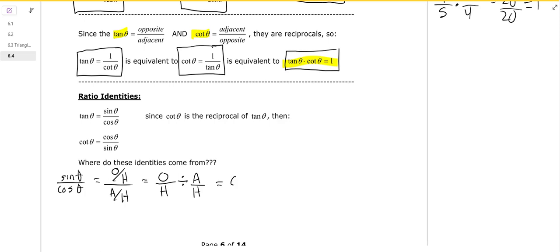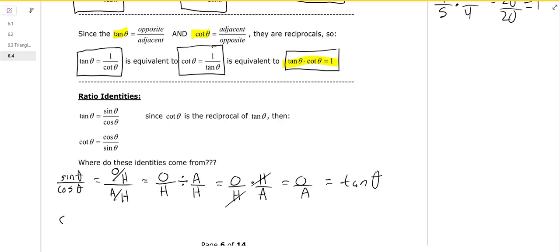When I divide 2 fractions, I am multiplying by the reciprocal. That'll cancel out the H's, so you're left with side opposite over adjacent, but that's what the tangent of theta is. So that's just a simple mathematical argument to show you that sine over cosine is the same as the tangent. It would work the same way for this one.